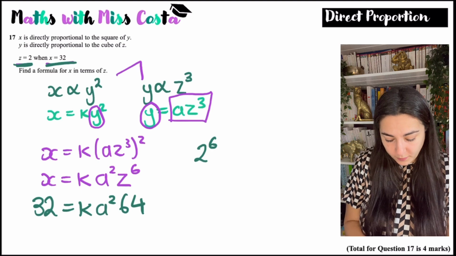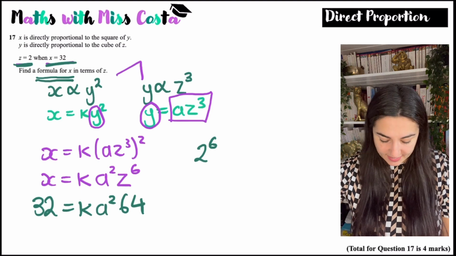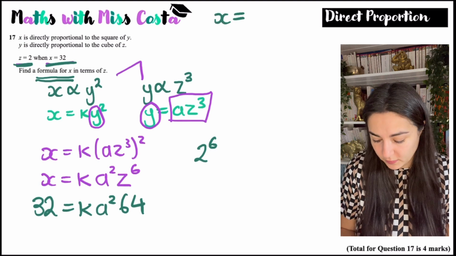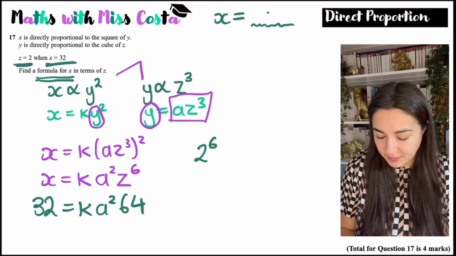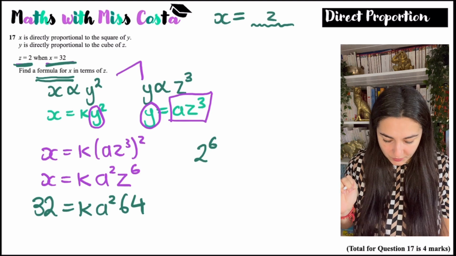I need to find a formula for x in terms of z. So that means I need to get it in the form x equals. So when it says in terms of, the in terms of stuff has to be on this side. So it needs to be in terms of z. So let's figure out what I can from here.